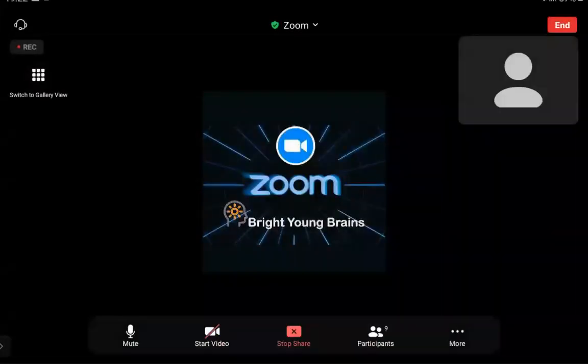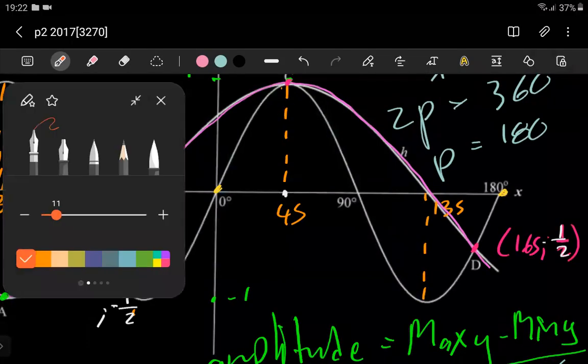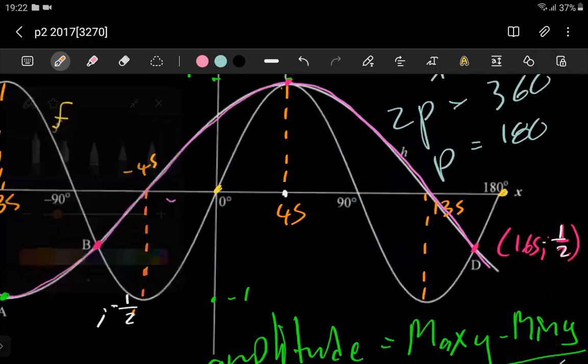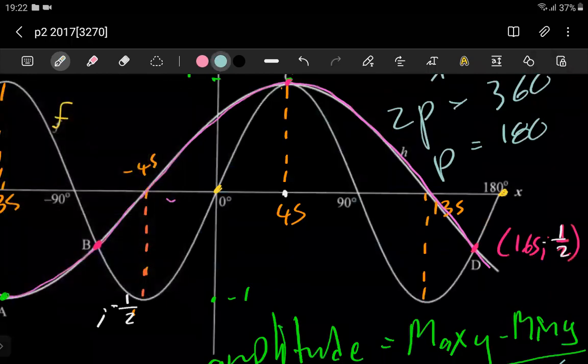Right. So with this question, this is how you're going to get the X value of B. You just want to compare, for example, this small distance here. From this X value until the X value of D, it's from 135 until 165. So you want to find out what the distance is here. The distance there is just 30 degrees. It just means that the distance here is also going to be 30 degrees, but towards the left side.